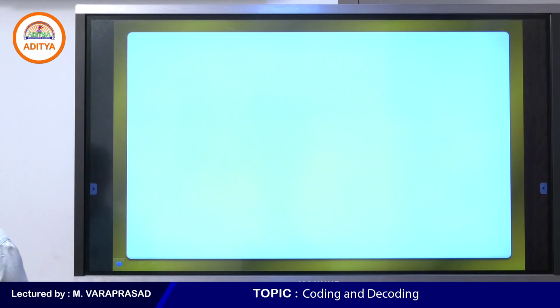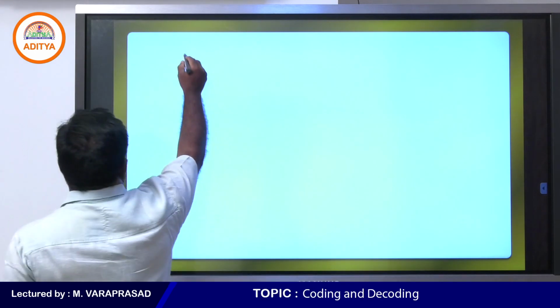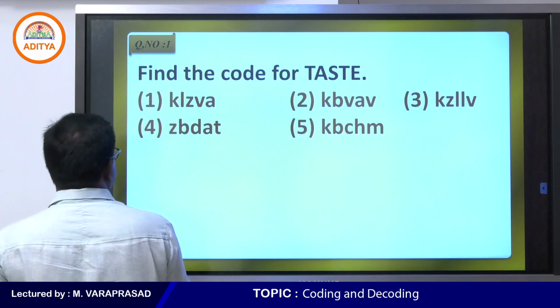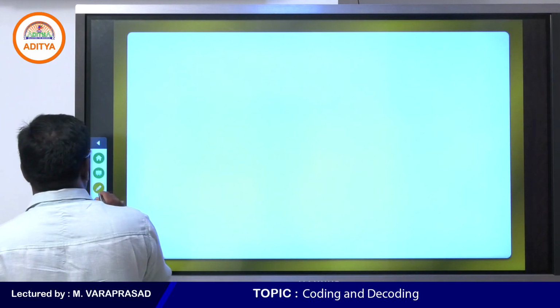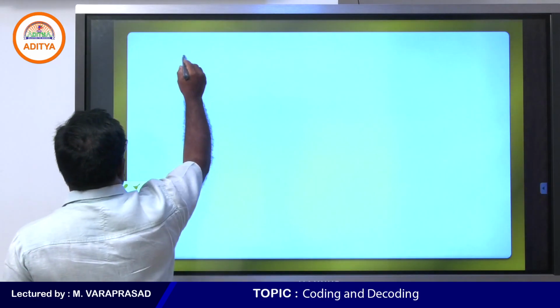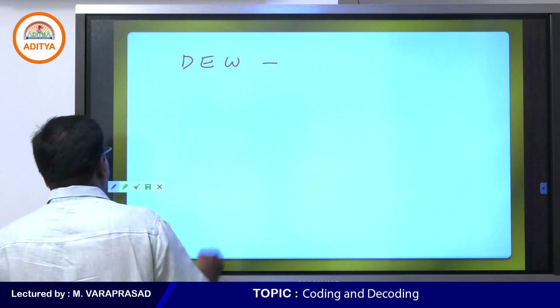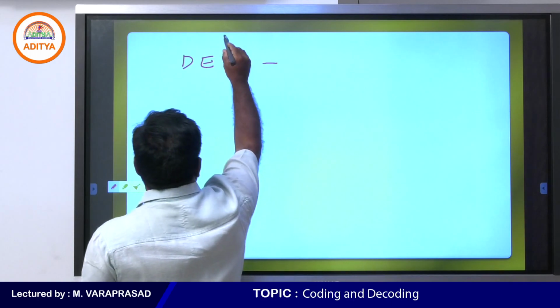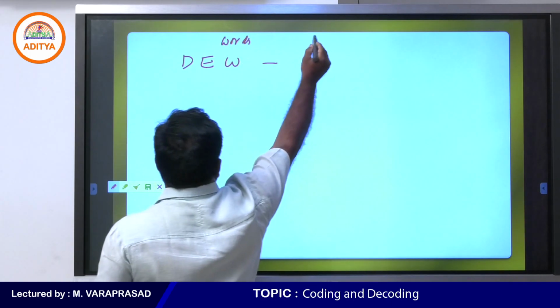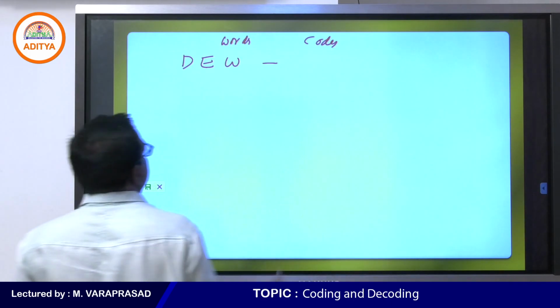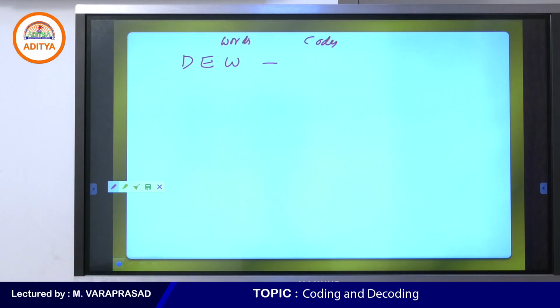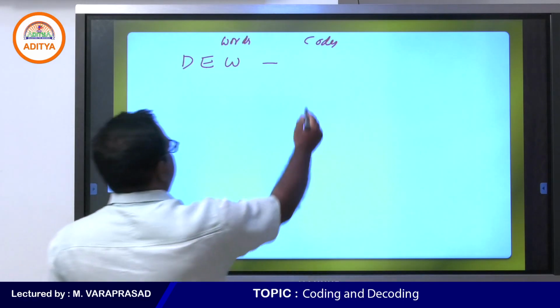Column 1 has the words and column 2 has the codes. Jew is given as TAS.